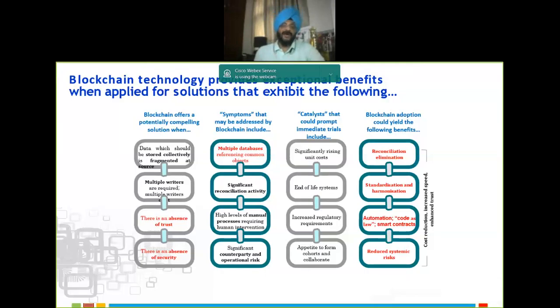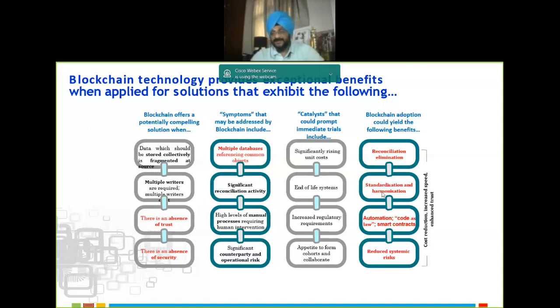And when we say, why do you require a blockchain, and does everything require a blockchain? That's a question which always comes, and this is where I've tried to put across the pain points. You can put a blockchain where there is an absence of trust, where there is an absence of security, where there are multiple databases referencing a common object. You have reconciliation elimination.